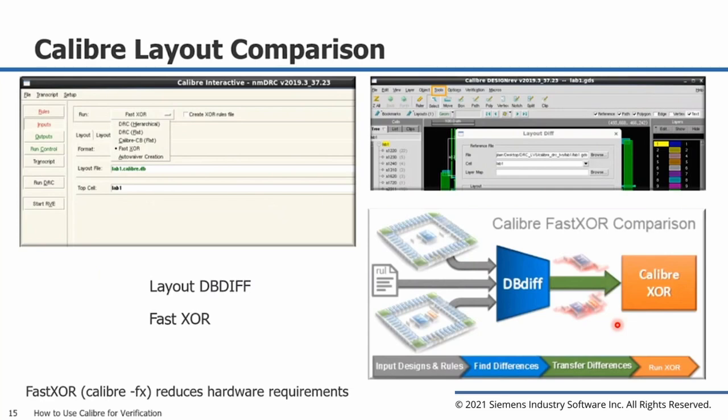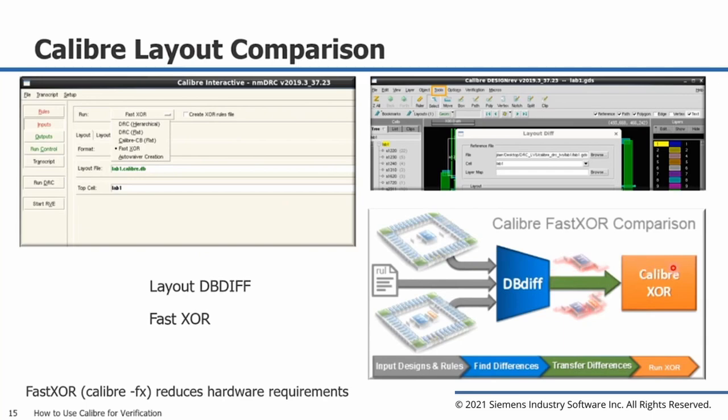Here, in Design Rev, you could do layout comparison using FastXOR. In interactive, you can easily load it here, run XOR, FastXOR. This is actually a two-stage process. In the first stage, you make a dbdiff, which will do a cell-by-cell object comparison to exclude unchanged data.